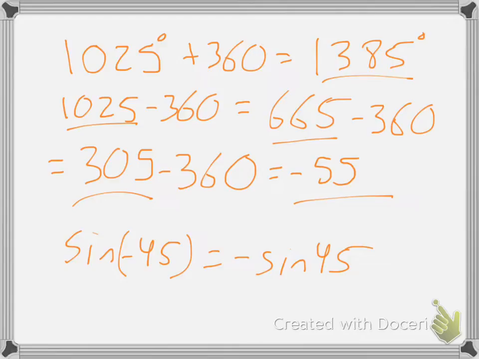True? This is going to be on the bottom right. This is fourth quadrant. But what would be the reference angle to negative 45? 45. Sine of 45 and sine of negative 45 have both the same reference angle.